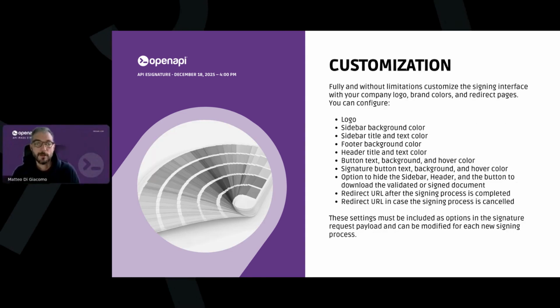One of the most interesting things is customization. This is the list of things you can customize in your interface. So the logo and the color, about the sidebar's background, the side area where our document's information is located, the color of the title and text, also of the sidebar, the background color of the footer.